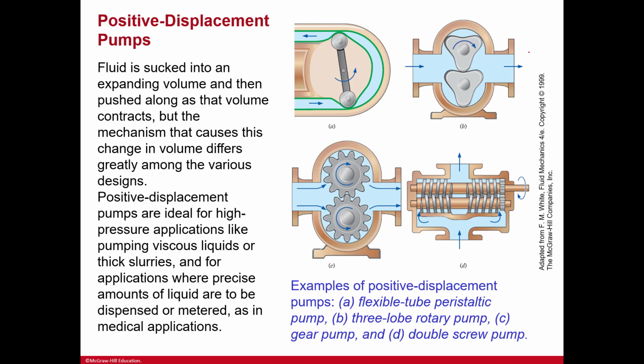But overall, it is still doing the same thing, sucking in and then pushing out. Positive displacement pumps are ideal for high pressure applications like pumping viscous liquids or thick slurries, and for applications where precise amounts of liquid are to be dispensed or metered, as in medical applications.